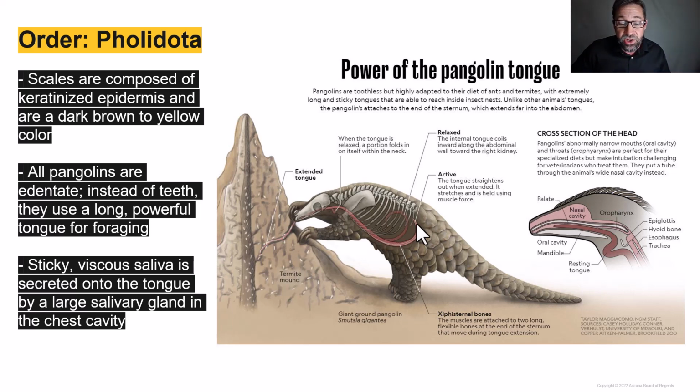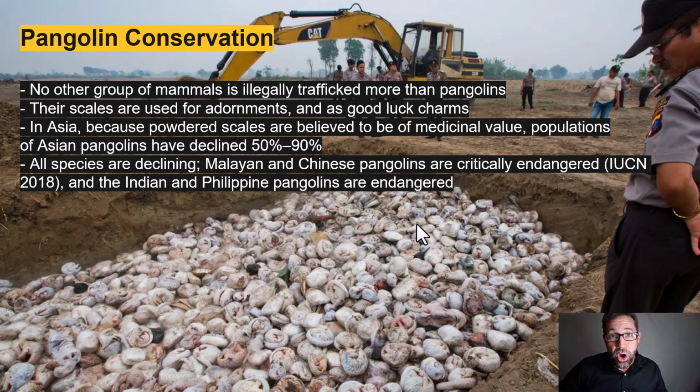Unfortunately, pangolins are hunted for their scales, which are simply made up of the protein keratin. So no other group of mammals is illegally trafficked more than pangolins. Their scales are used as adornments, as good luck charms.